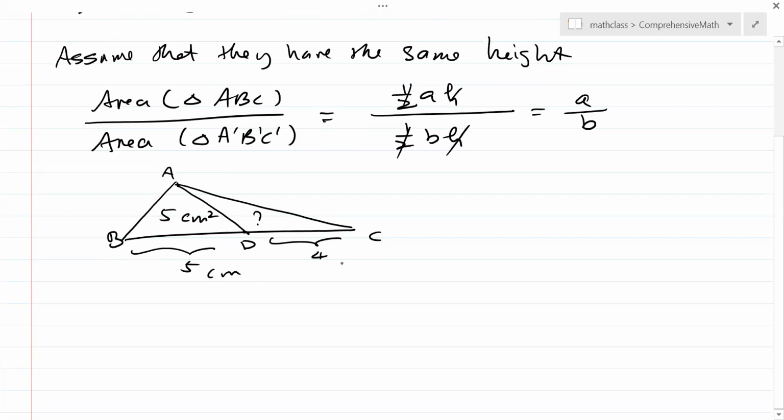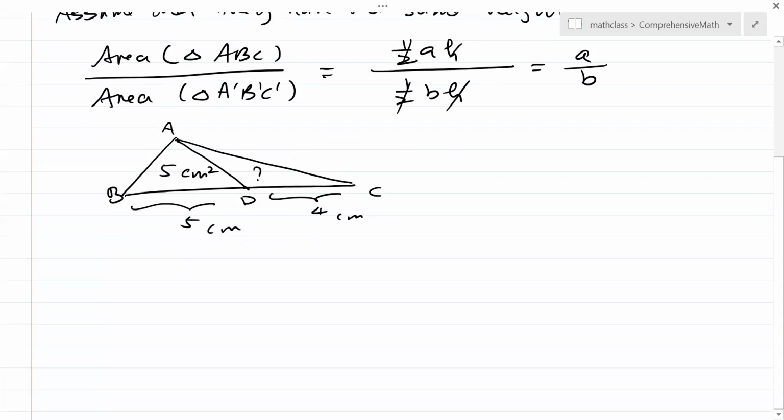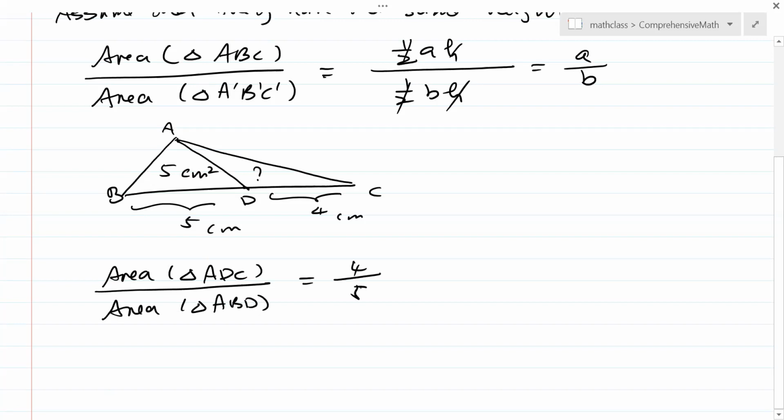5 cm, 4 cm. What you should do is know that those two triangles have the same height, so the area of triangle ADC divided by the area of triangle ABD is going to be 4 over 5.